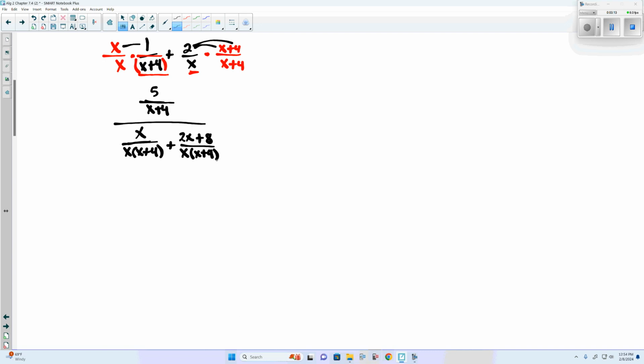Questions on this so far? Now at this point here, the denominators are the same. We have 5 over x plus 4. Since the denominators are the same in our denominator, we can add our numerators. So we'd have x plus 2x plus 8.